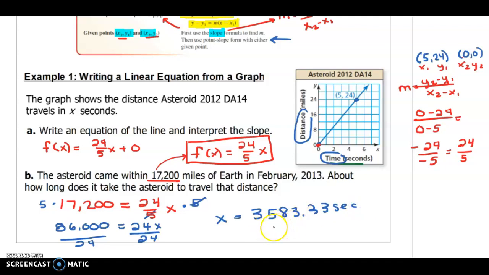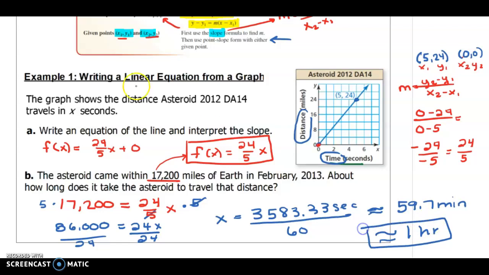Well, that means nothing. I have no idea how much that is. So let's divide it by 60 to convert it to minutes. When I do that, I get roughly 59.7 minutes. That's pretty close to about 1 hour, so I'm going to say roughly 1 hour.